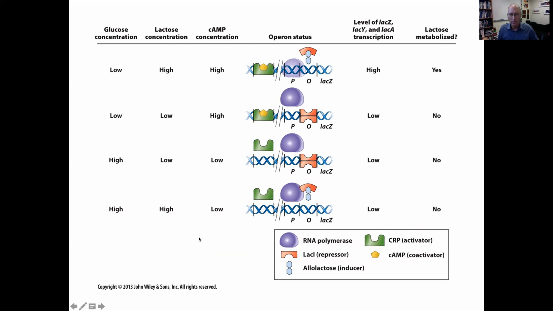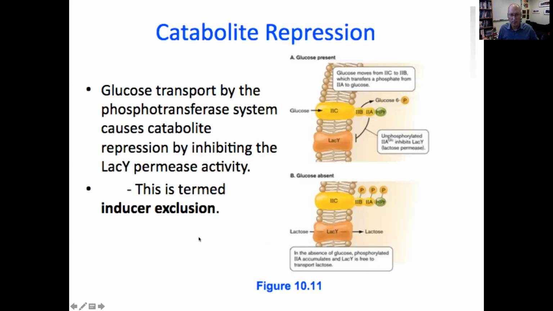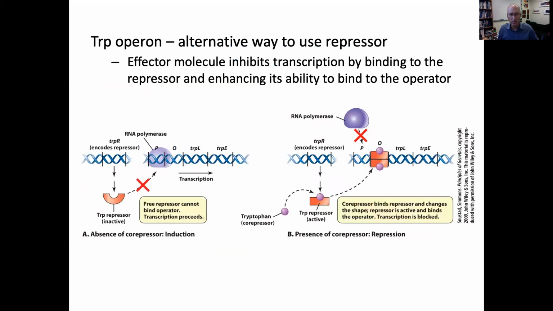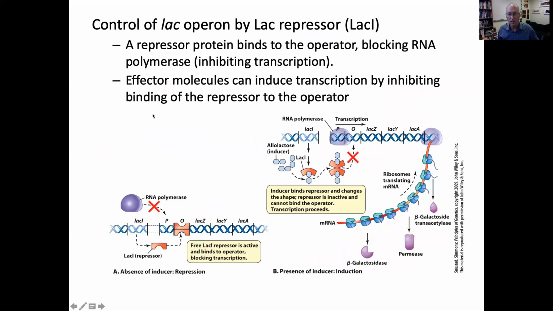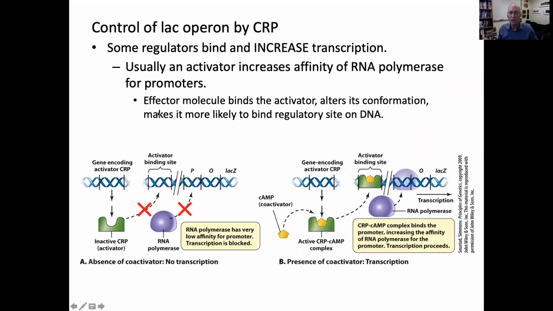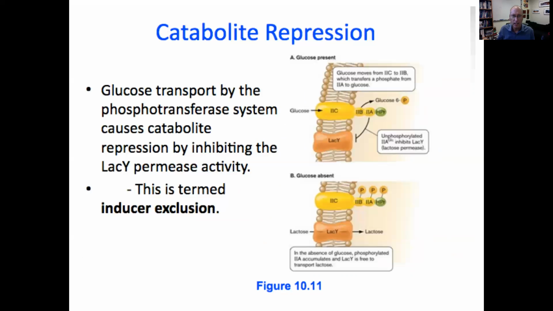All right. So that actually was somewhat complicated, and I realized that there are some things that aren't in there that should have been, which is the role of adenylate cyclase in producing cyclic AMP when glucose levels are low. Then the last thing here is another phenomenon that also affects whether lactose can even induce the system at all, which is glucose transport.